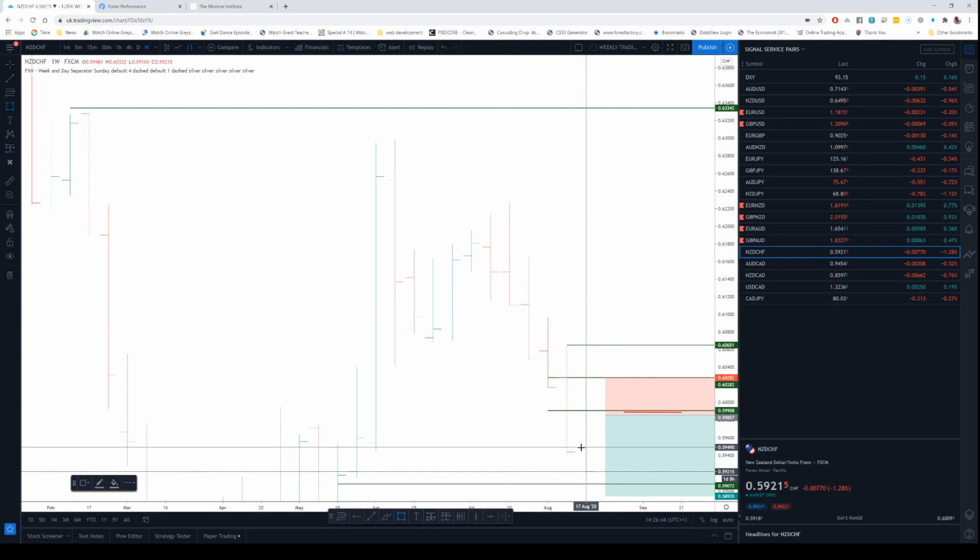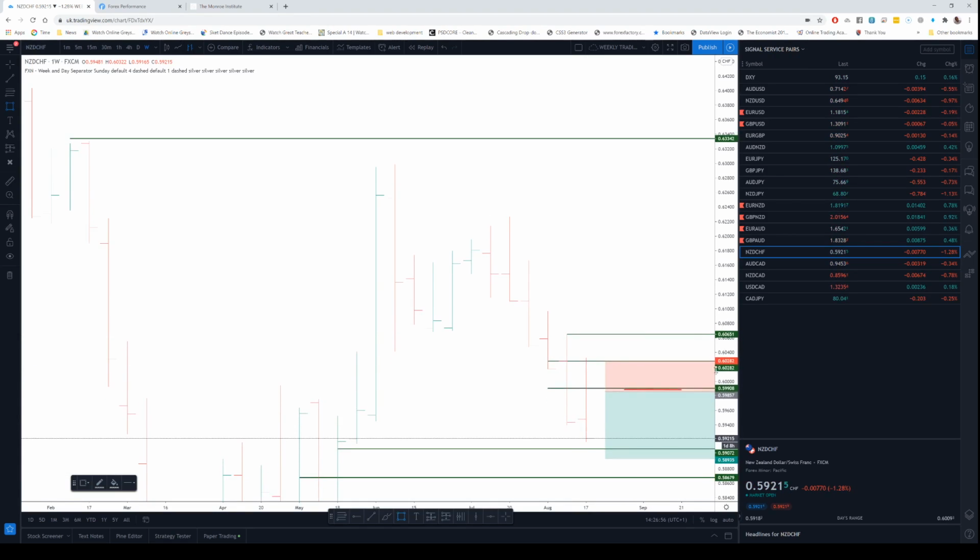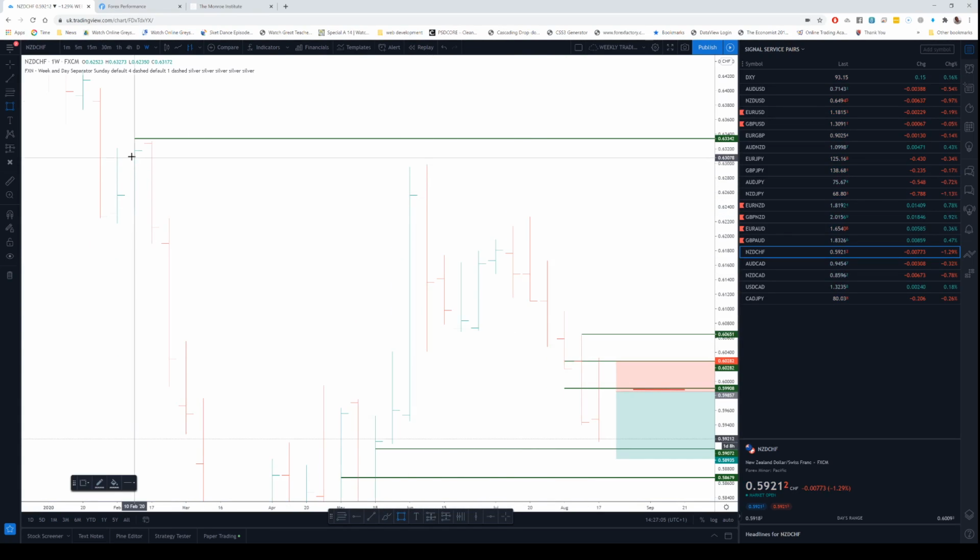We open here, price came down, took out this low, then went all the way up and formed the high of the week, and then came all the way back down and closed down. That is a textbook week. When I'm talking about the weekly profile, this is what I'm talking about.